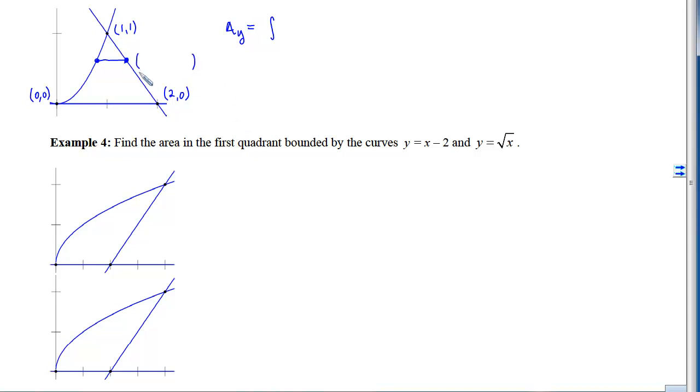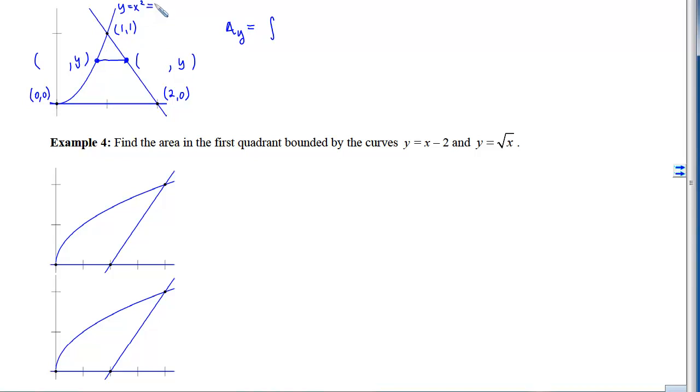So if we start labeling the points now, we can see that the y-coordinate is shared by both points. The x-coordinate is going to come from the curve that we are on. So if we look here, remember this curve was y equals x squared. The goal is to get everything labeled in terms of y because that is the axis that our strip is perpendicular to, and it is also the coordinate that is shared.